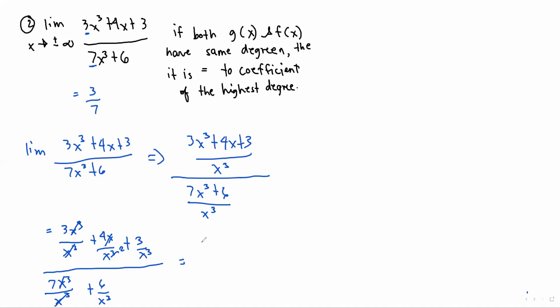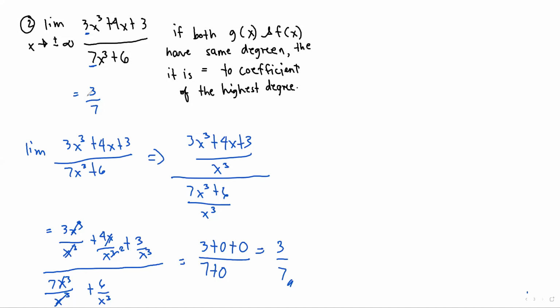So, mapapansin nyo, magiging 3 plus 0 plus 0 all over 7 plus 0 plus 0, equal to 3 over 7. Okay? So, yun na. Pag same yung degree ng both numerator and denominator, then it is equal to the coefficient of the highest degree. Okay? So, dahil dito, 3 and 7, magiging 3 over 7.